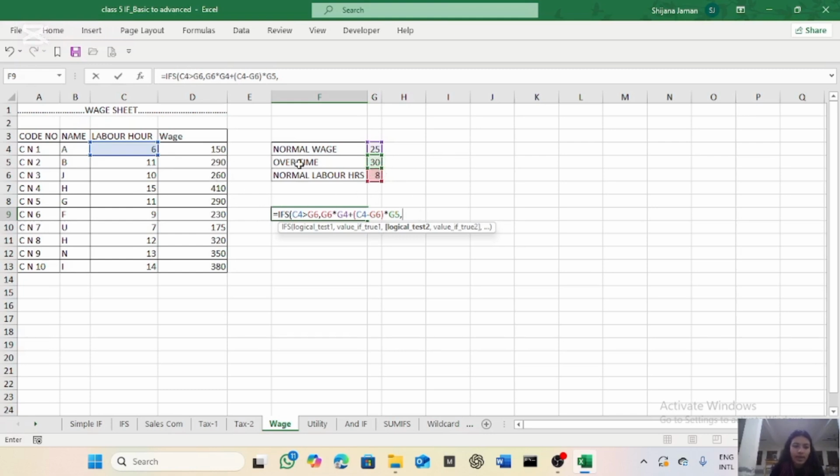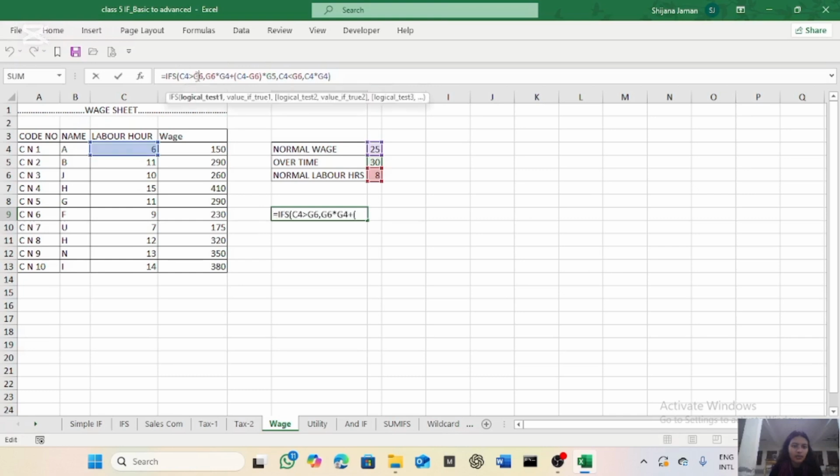Now if our labor hour is less than our normal labor hour, we will just get labor hour into normal wage. We will not get any extra time or any overtime. So bracket close, enter. Yes, this is our wage of labor hour 6 and employee name A.